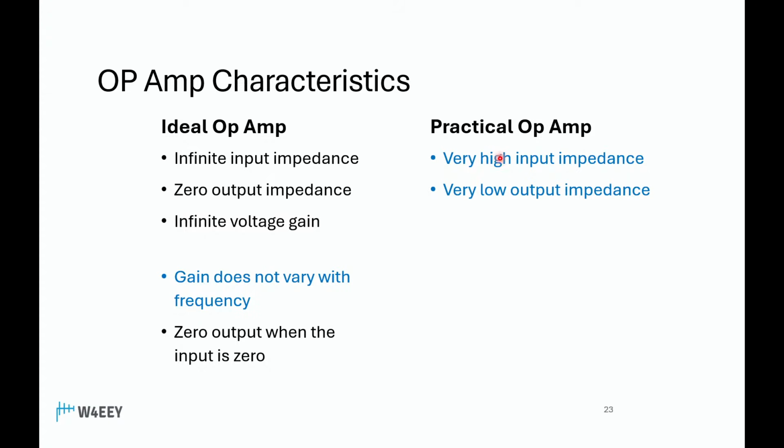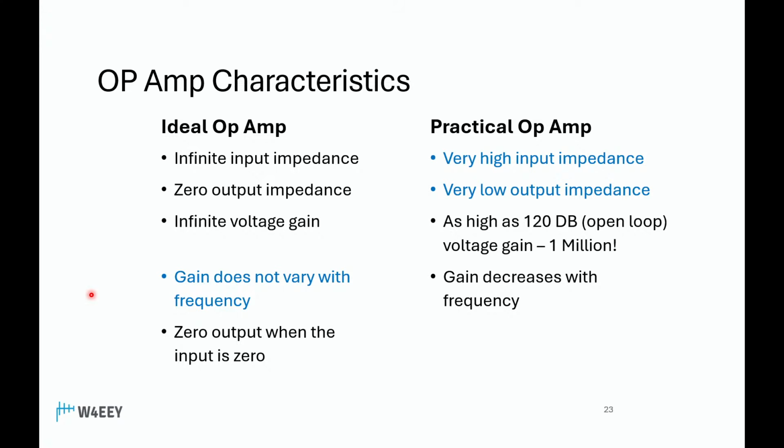So these are within the context of the way the pool lists them. Infinite voltage gain can be as high as 120 dB. We're going to talk about open loop and closed loop, but the important thing here is that these devices can have extremely high gain. Gain does not vary with frequency. In fact, in the real world, gain decreases with frequency.